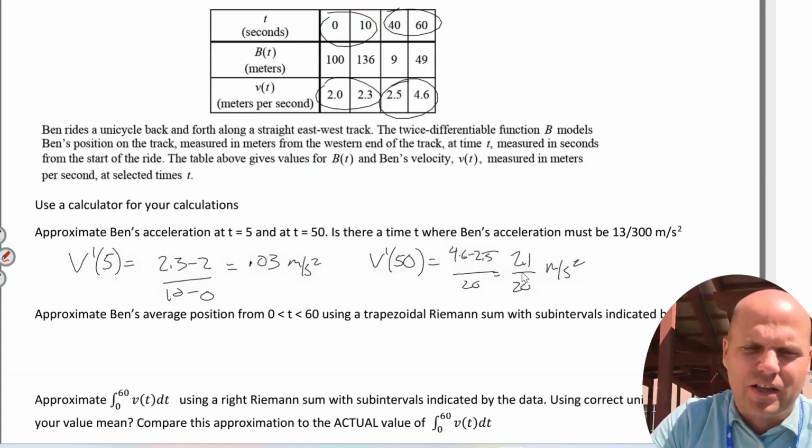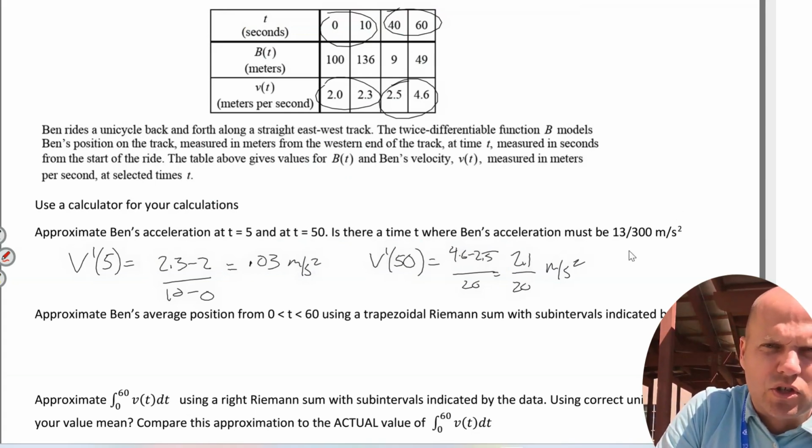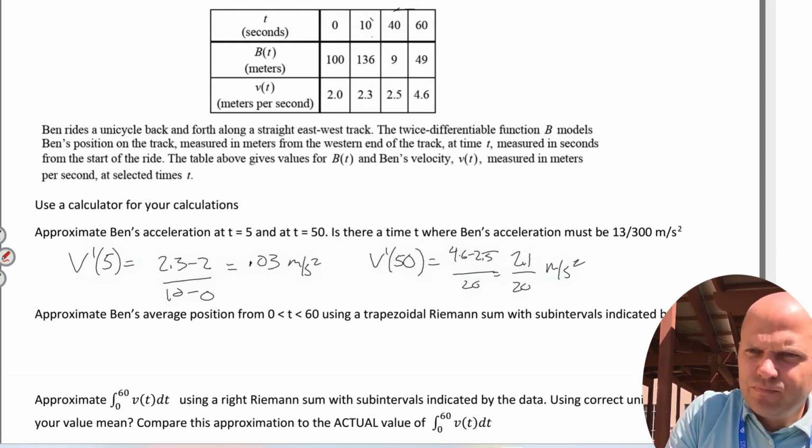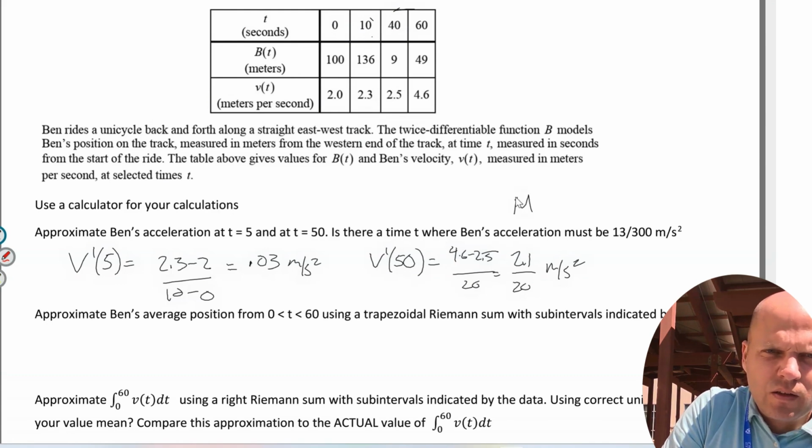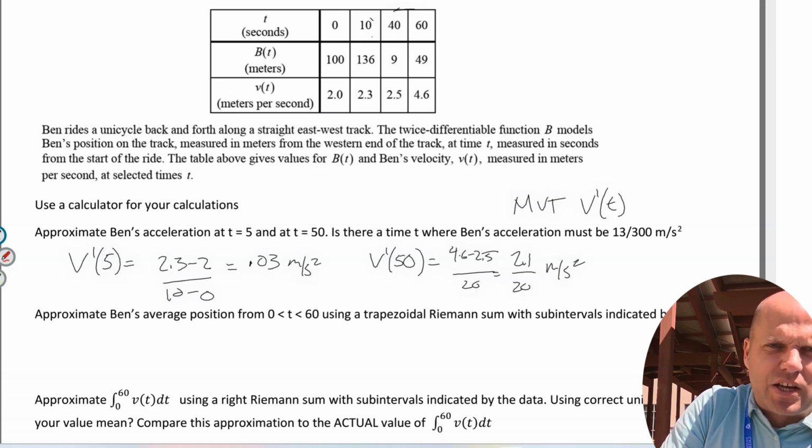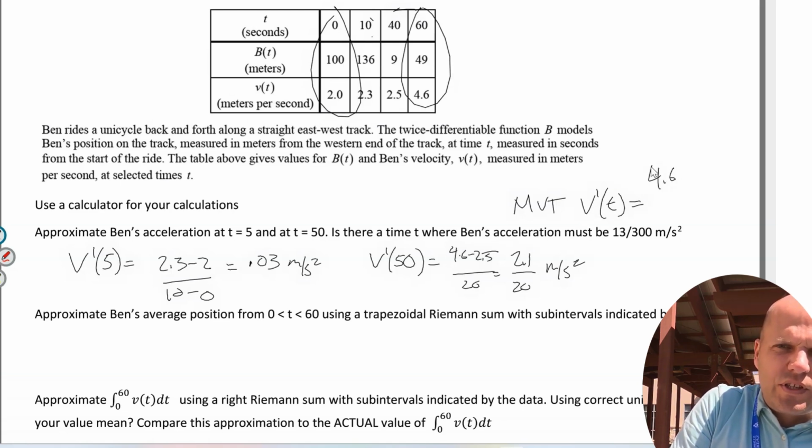That's kind of like an intermediate value theorem approach. Or you use the mean value theorem. There has to be a derivative of velocity at some time that equals, let's look at the beginning to the end, 4.6 minus 2.0 over 60.